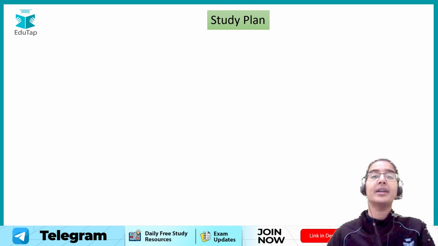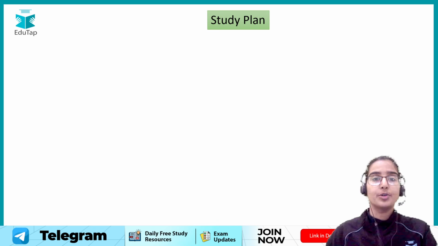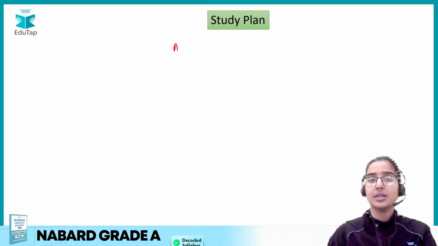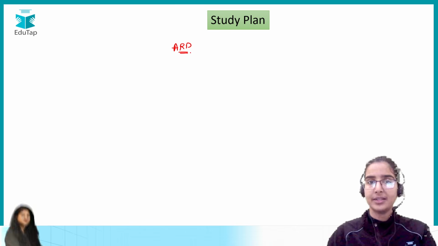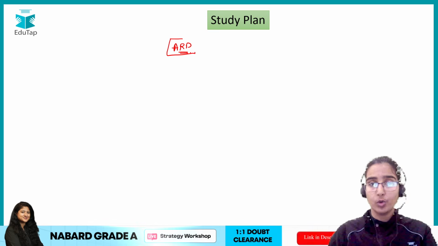Coming to the next part, which is the study plan. See students, in the last video when I talked about the ARD strategy, I told you that right now if you are starting, your first subject that you need to cover is the ARD. Now, if you are a working aspirant, ideally you should cover only one subject at a time. So you can focus only on the ARD.